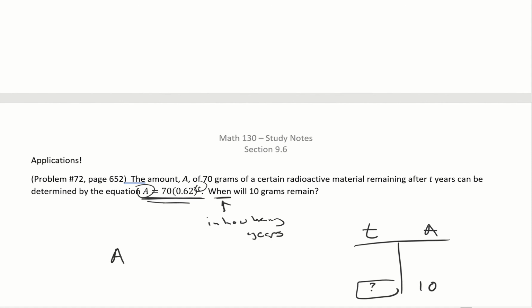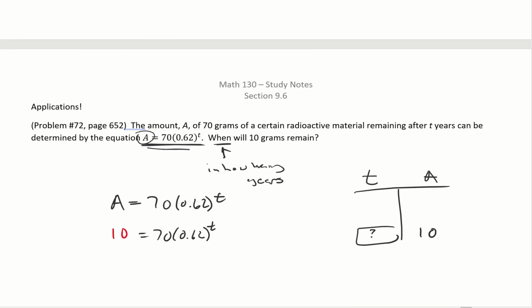Then you take down this formula. Is that just T? Yes, T. And you come along and you replace A with what? 10. I see I need to teach you a little tiny bit about solving exponential equations.